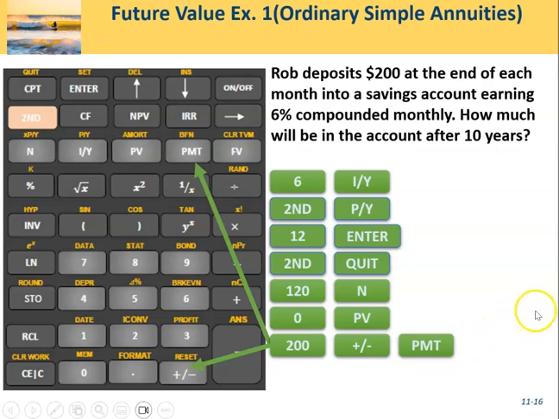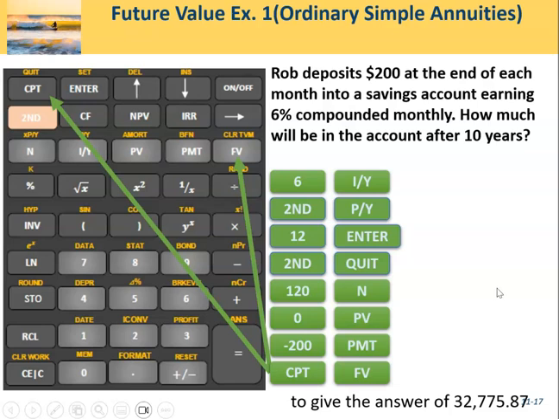Rob is giving $200, so we need to hit the plus minus key so that we have negative 200, and then we hit the PMT key, and then we need compute, future value, and that is going to give us an answer of $32,775.87. So please make sure that you can do this calculation using the features on your Texas Instrument.